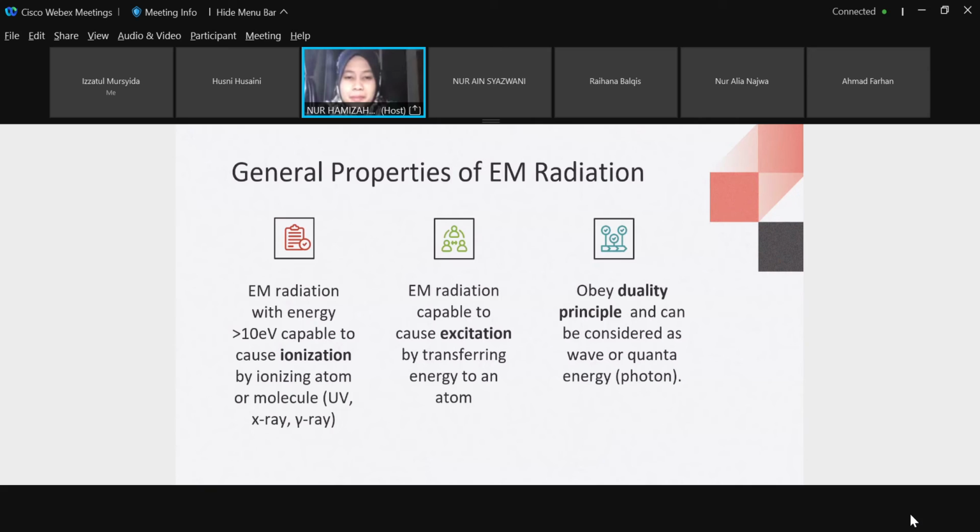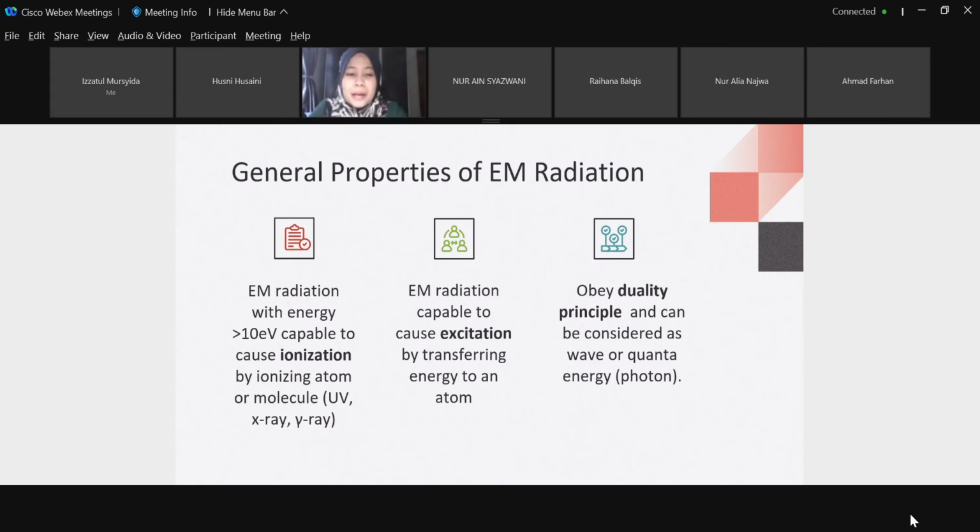Ionization has enough energy to remove the electron. Okay. Excitation? It is energy transfer. Okay. Energy transfer from the inner orbit to the outer orbit, right?